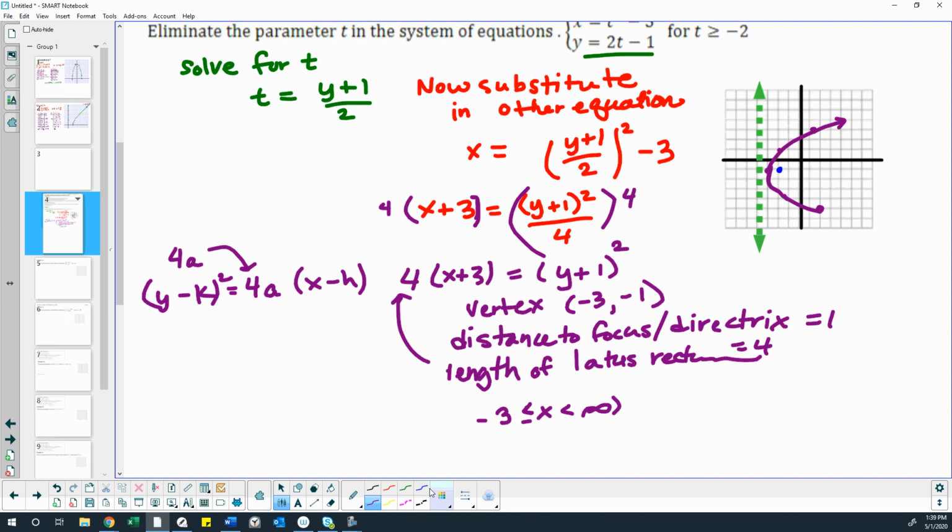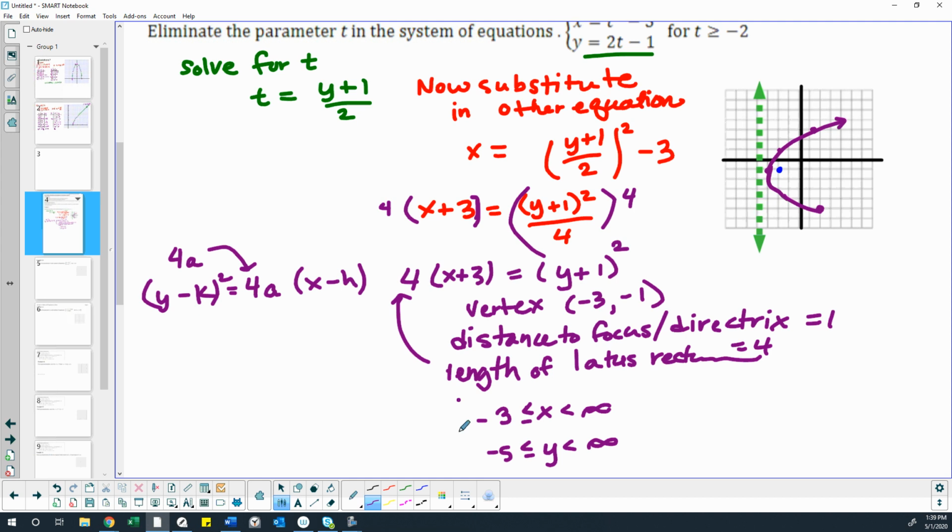Well, then our y value, the lowest the y value will go is here at this point right here, 1, 2, 3, 4, 5. So -5 is less than or equal to y, which is less than infinity. Oh, I don't need that parenthesis at the end. I was mixing set notation with interval notation.